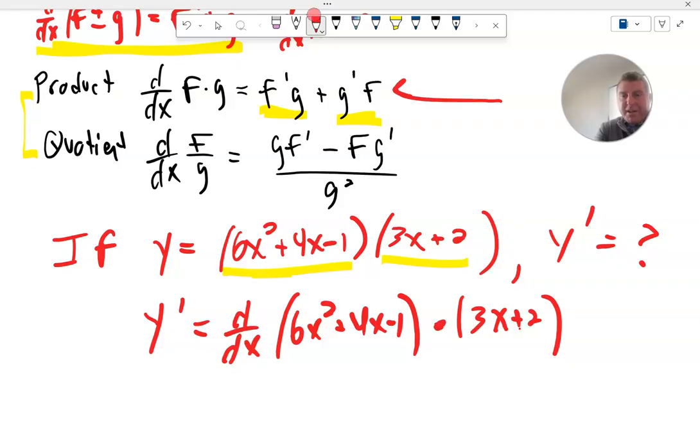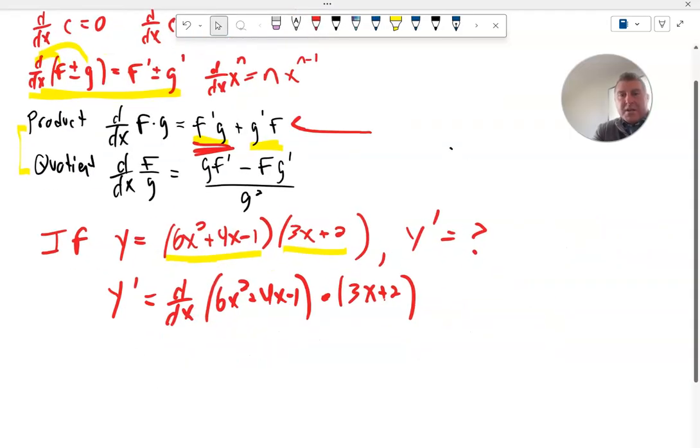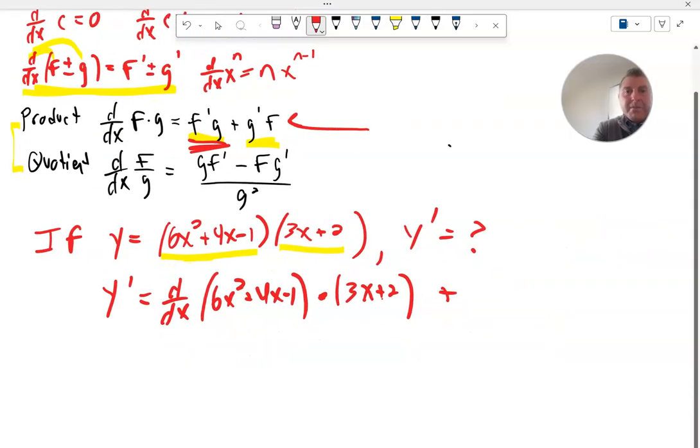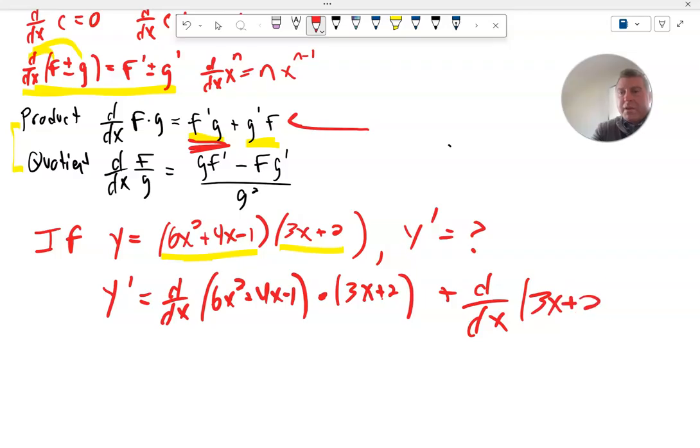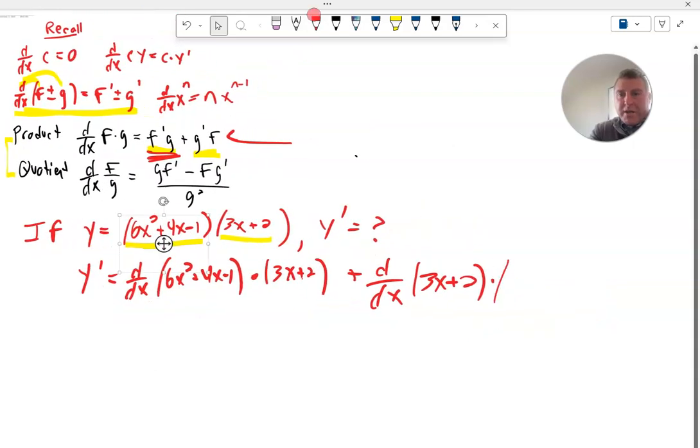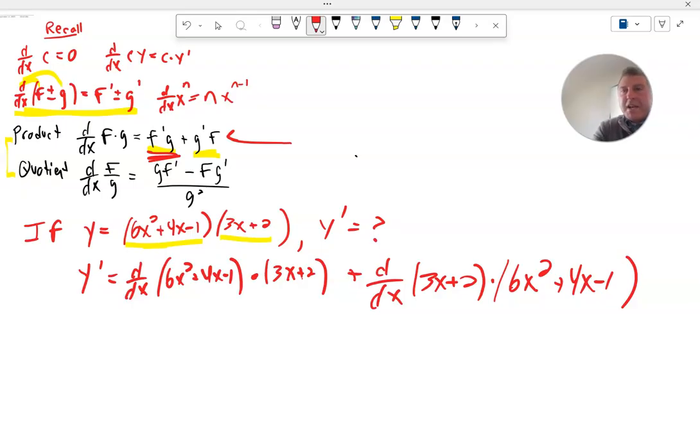Plus, now I'm going to take the derivative of g. So I'm just going to write it. I'm not going to take it yet. I'm going to write my intention. 3x plus 2, that's my g prime, times regular old f, which is 6x squared plus 4x minus 1. Okay? So that's my setup, my intention.